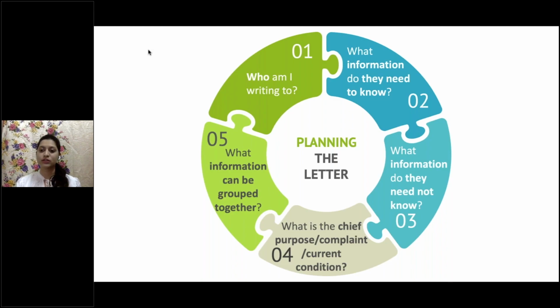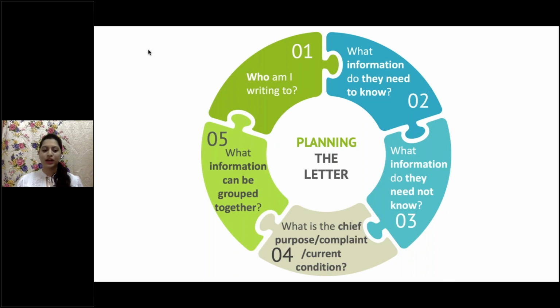For example, if it's to a specialist, you cannot not mention the important topics, their present complaints, or what they need to look for. What information do they need to know? What information do they need not know?